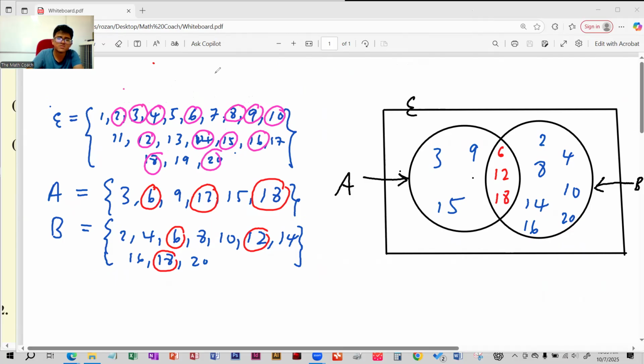Now, what are the remaining ones here? Outside this A and B, we have 1, we have 5, we have 7, we have 11, we have 13, we have 17. Oh, okay. All are prime numbers here, don't you think? Right. What's the question say after this?